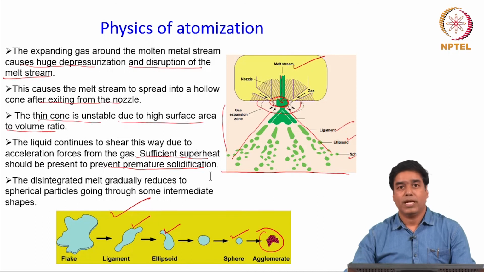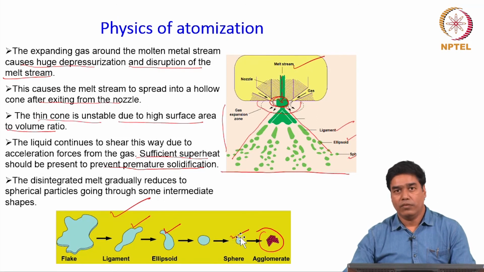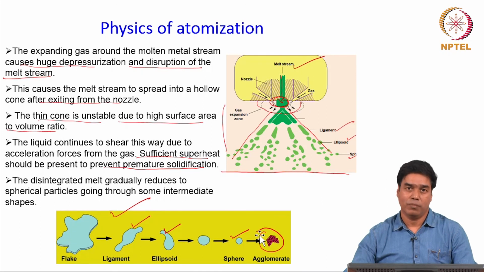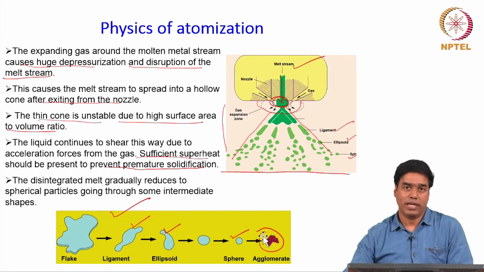Okay. And as I said, this fragmentation or disintegration of this liquid stream goes through certain stages starting from a thin sheet or flake, and then going through these intermediate shapes or stages, and finally forming into a spherical particle which forms these agglomerates of fine spherical particles which finally solidify as powders.